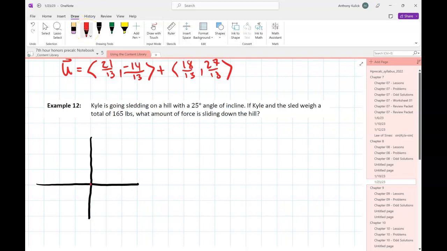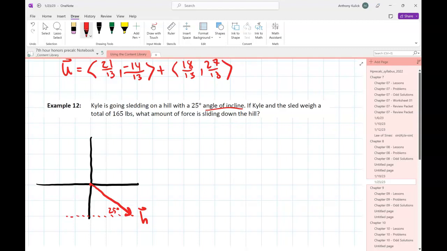So I have my hill, right? I'll call that my hill vector. It says it's an angle of incline in the problem, so that means this would be 25 degrees there. Everybody agree with that?